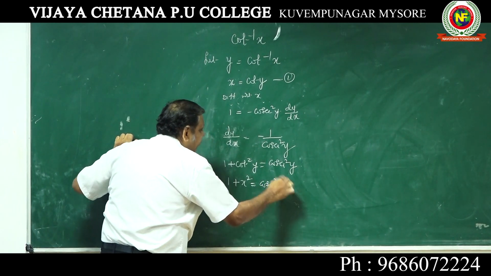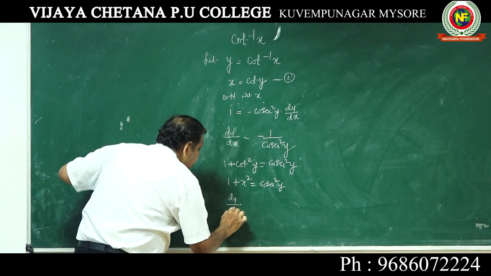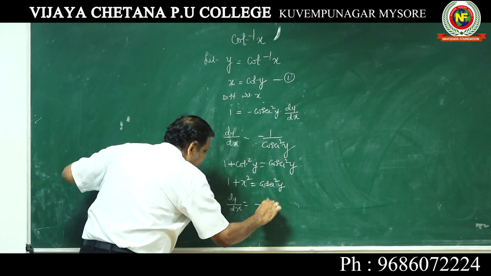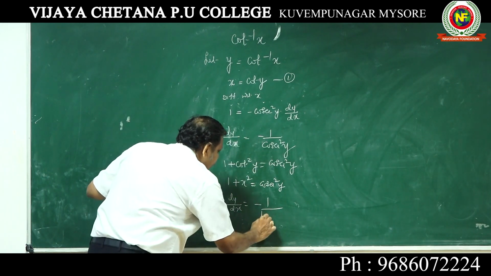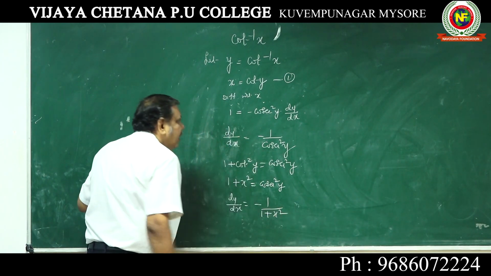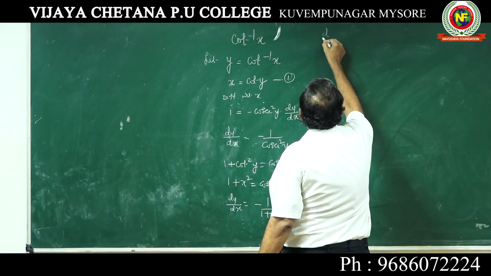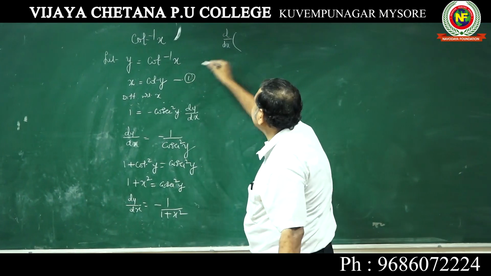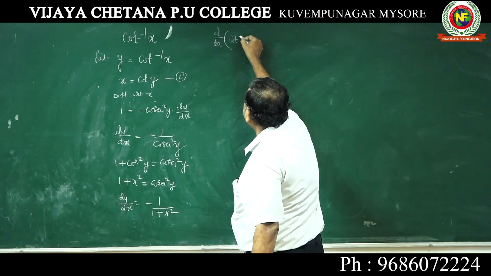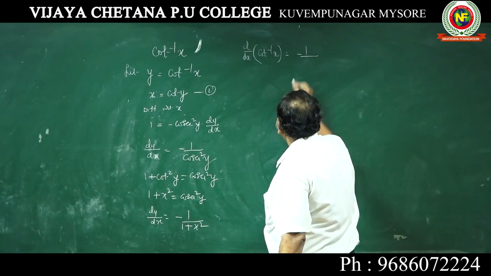So cosecant square y is that much. Now dy by dx is equal to minus 1 by cosecant square y. You can substitute 1 plus x square. Or it is d by dx of y, which is nothing but cot inverse x. d by dx of cot inverse x is equal to minus 1 over 1 plus x square.